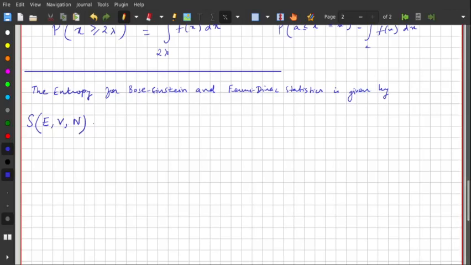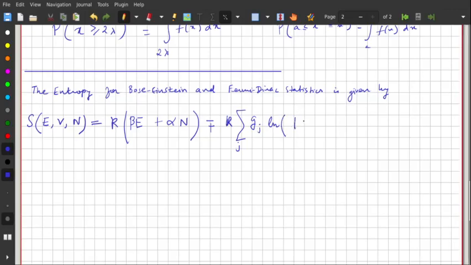That is given by S equals k, which is the Boltzmann constant, times beta E plus alpha N, minus or plus k. Let me write it like this: k sum over j of g_j log of 1 minus or plus e to the power minus alpha e to the power minus beta epsilon_j.